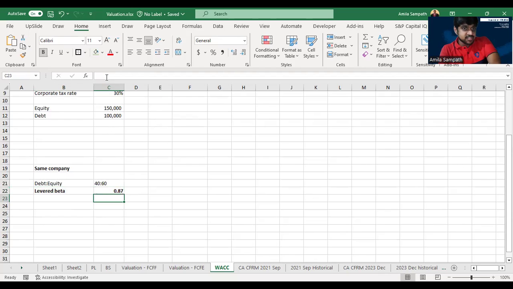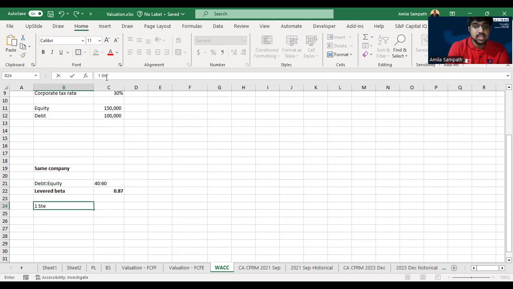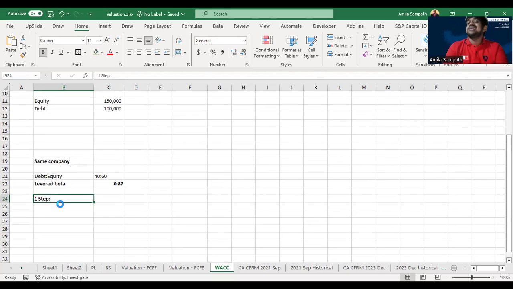Then you need to apply this step. If you don't have details for your company's beta, and your examiner gives a comparable listed company beta and debt to equity ratio, then you need to derive your company beta based on those details. What is the first step?